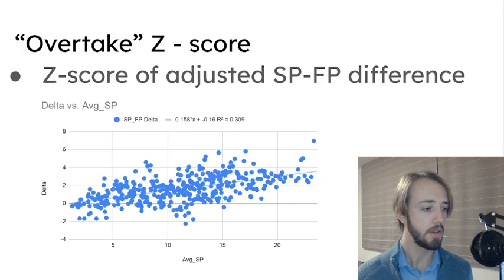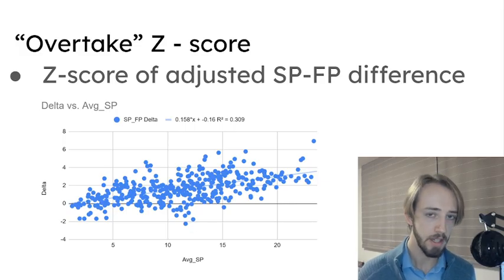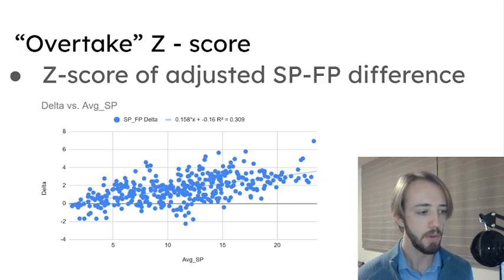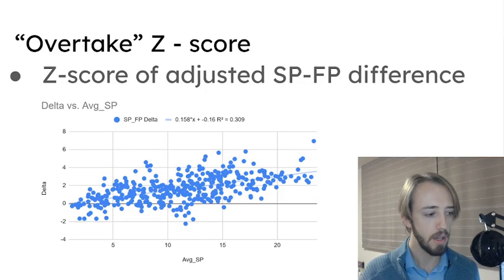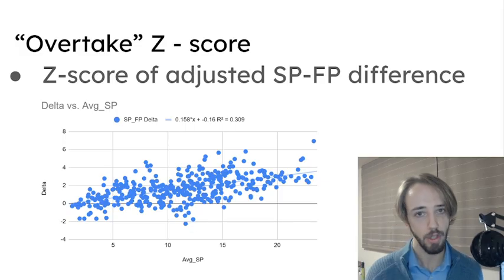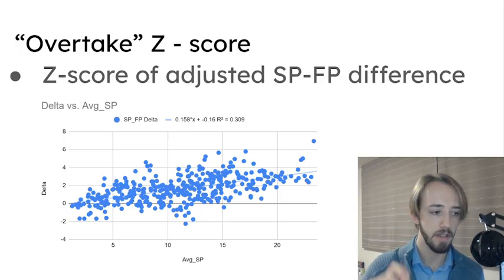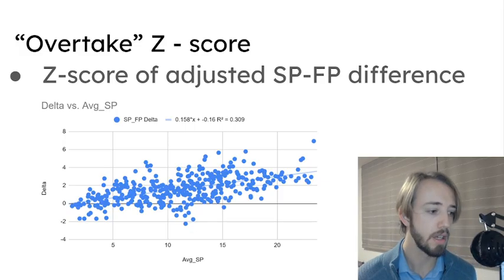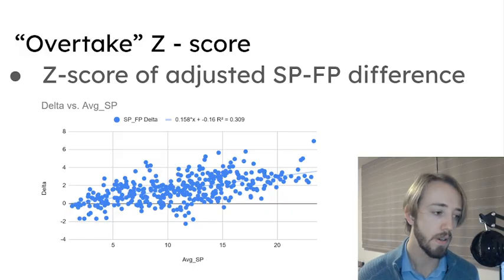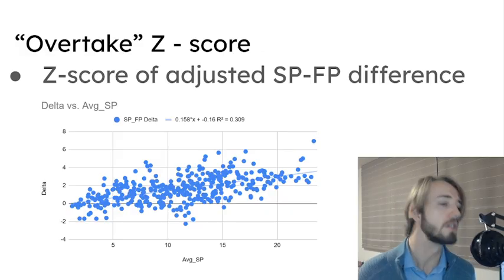So using all that data from 2008 to 2024, if you plot a driver's average starting position against the finishing position, starting position delta, and you just take the raw values, you'll see that there is a bit of a correlation there. It's not super strong, the R-squared value is about 0.3, so not statistically significant or anything.